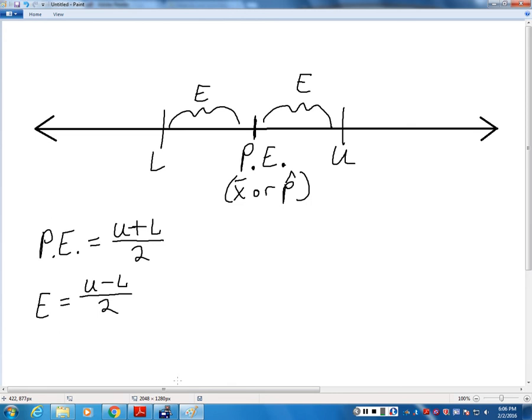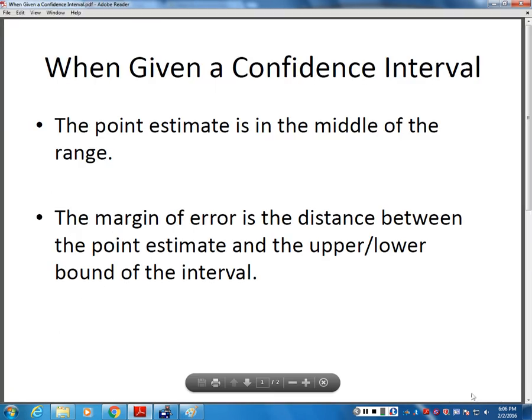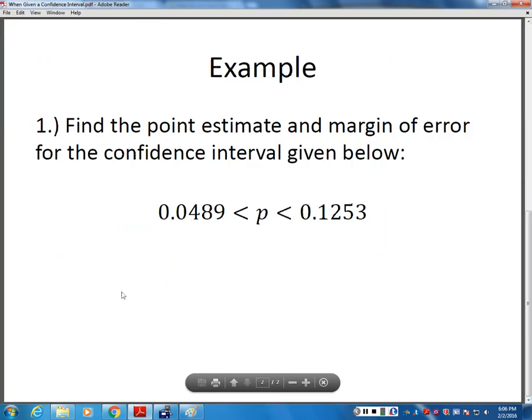Let's try an example. We'll find the point estimate and margin of error for the confidence interval given here: 0.0489 to 0.1253.